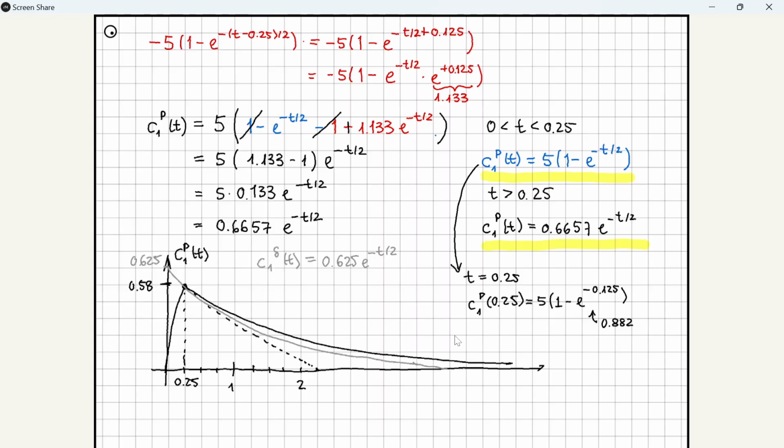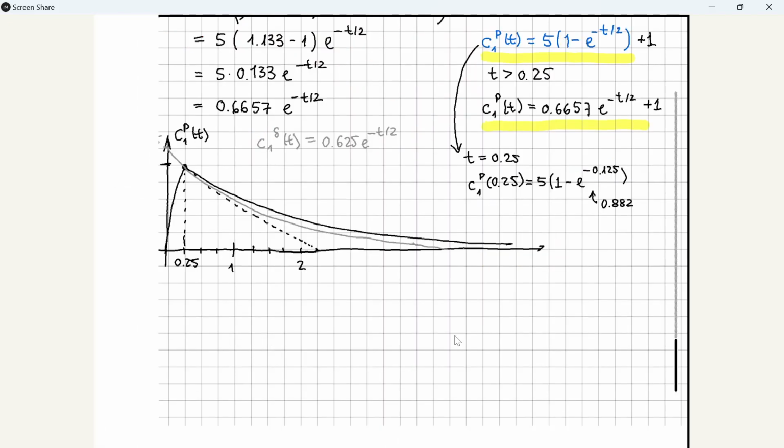Remember, I shifted the concentration by +1, so it doesn't go up from 0 to 0.58, but from 1 to 1.58. So I should have a +1 both ways.